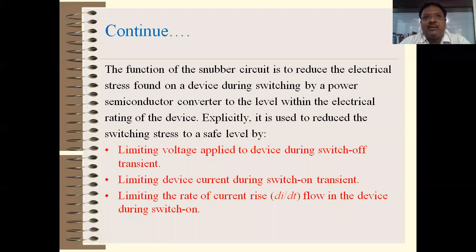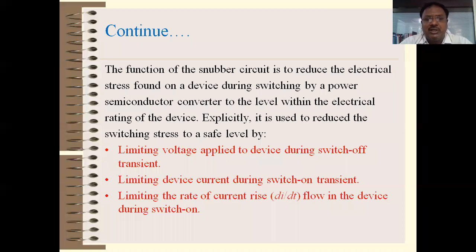And if you apply a voltage of 400 or 500 volt, definitely high voltage stress will be applied on the device. Because of that, your device may turn on, that is called false triggering sometimes, or sometimes due to heavy voltage that device may be damaged permanently, right?